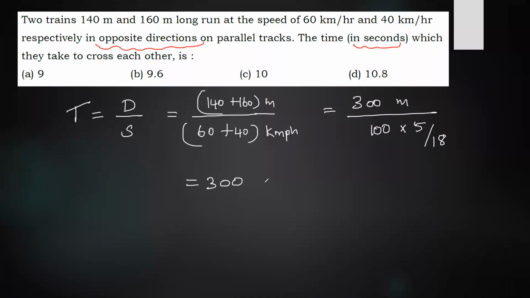So we get 300 meter divided by 100 kilometer per hour. Multiply by 5 by 18, since the question is in seconds, converting to meter per second. So 300 into 18 by 100 into 5.